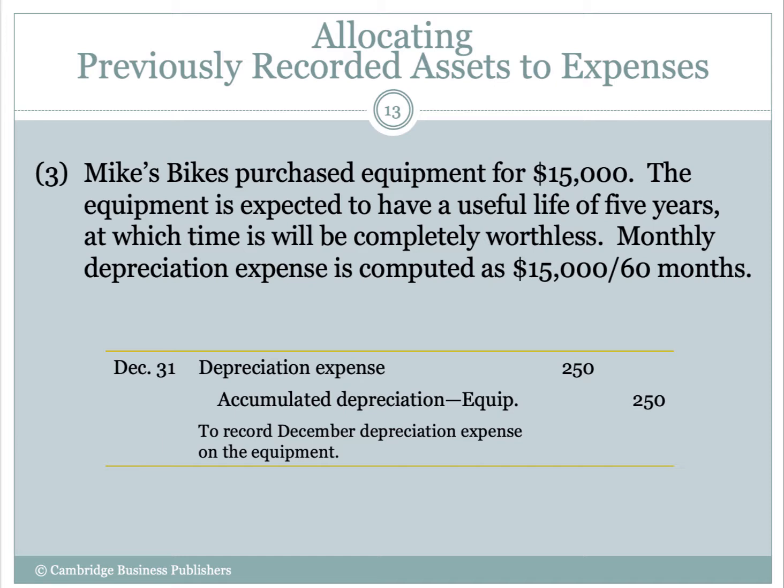So they tell us here that Mike's Bikes purchased equipment for $15,000, okay? The equipment is expected to have a useful life of 5 years. That means that Mike assumes or estimates that that equipment is going to last him 5 years, okay? Or he's going to get 5 years use from that machine before he buys another one, okay?